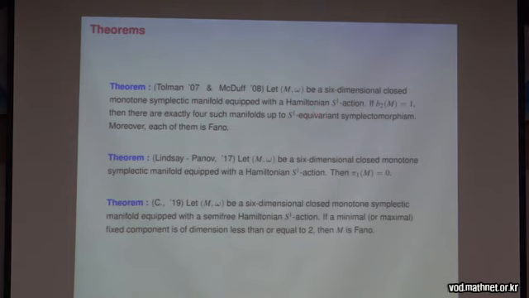The first theorem is due to Su-Tolman and Dusa-Mektop, and they have shown that when M is a 6-dimensional monotone symplectic manifold with a Hamiltonian circle action, and in particular when the second Betti number is 1, then M is Fano, and there are exactly 4 types of such manifold, up to S1-equivariant symplectomorphism. Also, recently, Lindsay and Panop proved that whenever M is a 6-dimensional monotone symplectic manifold with a Hamiltonian circle action, then it is simply connected.